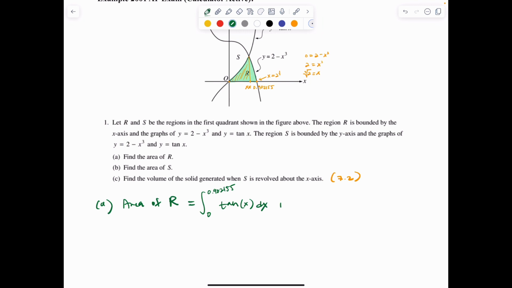And then we're going to add the integral from 0.902155 to 2 to the 1/3 power, or cube root of 2, of 2 minus x cubed dx. And while you do know how to integrate both of these functions, it would be so time consuming. With the numbers not being exact values, it makes more sense to put that into your calculator, where you get approximately 0.729.